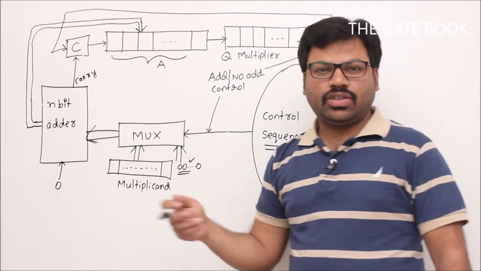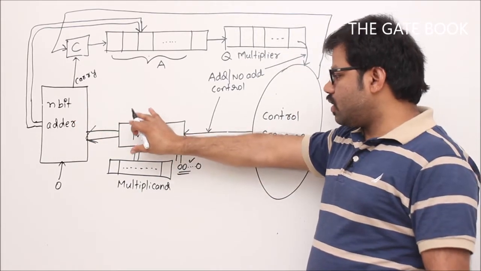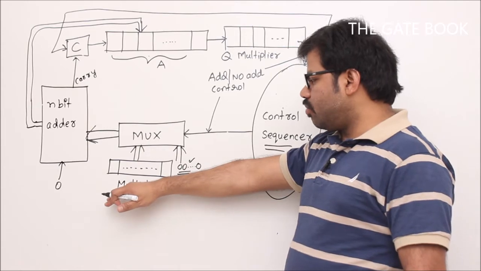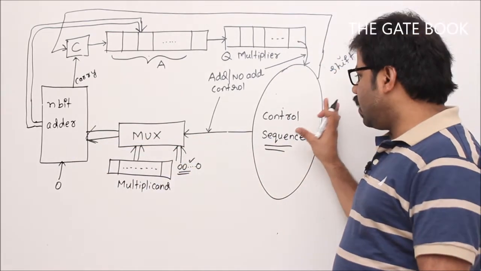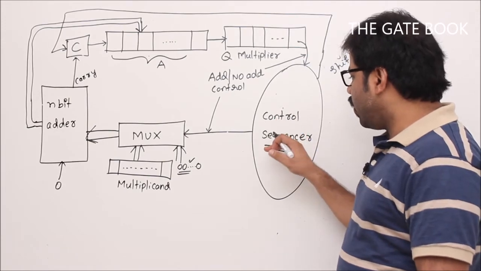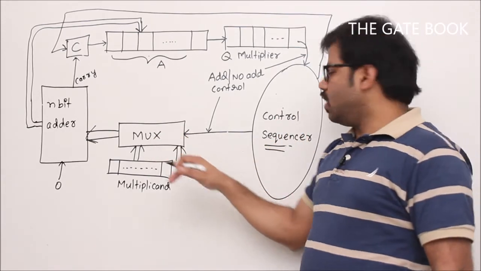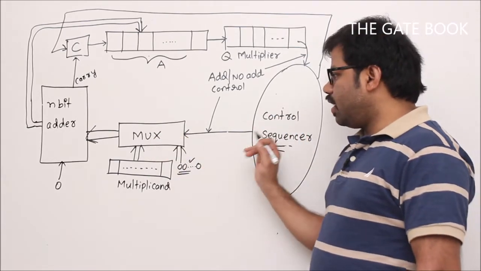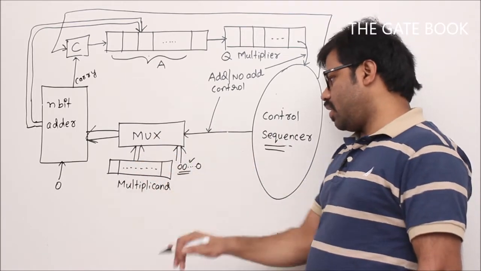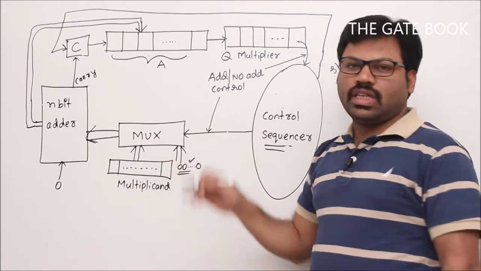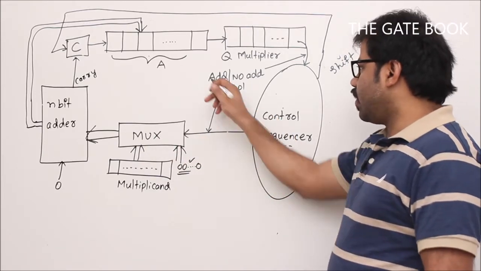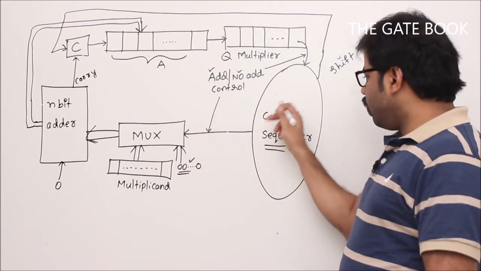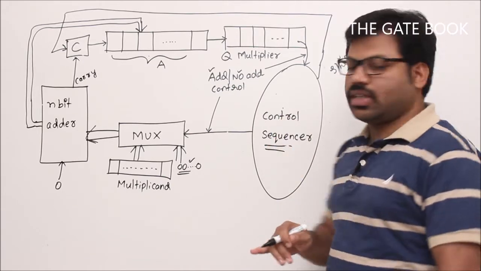So the multiplexer is going to decide whether the argument is the multiplicand or zeros, based on the control sequencer's decision. The control sequencer says: my dear mux, this time multiplicand; my dear mux, this time zeros. In that way the multiplexer is controlled by the control sequencer. That's why the add or no-add control is with this control sequencer.